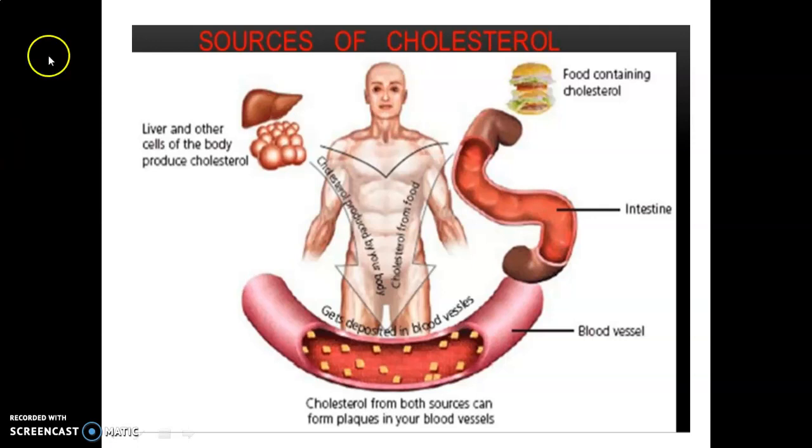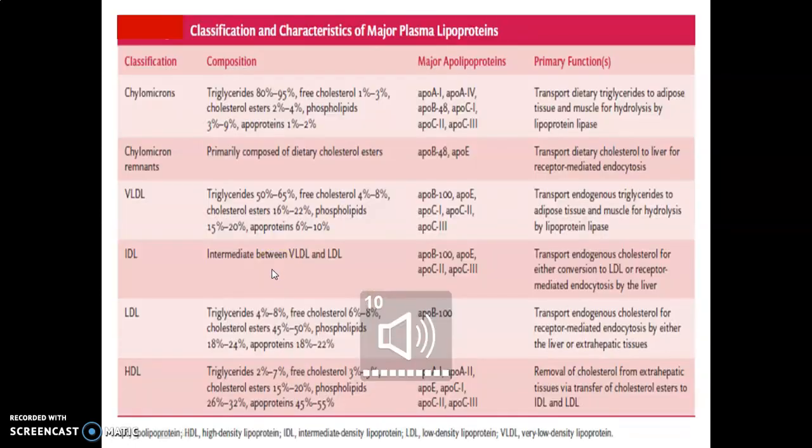This can be the reason for cholesterol deposition in our body. Different types of lipoproteins are there in our body, such as chylomicrons, chylomicron remnants, VLDL, IDL, LDL, and HDL. We are going to see all of these in detail.